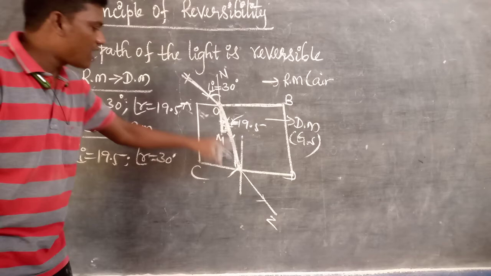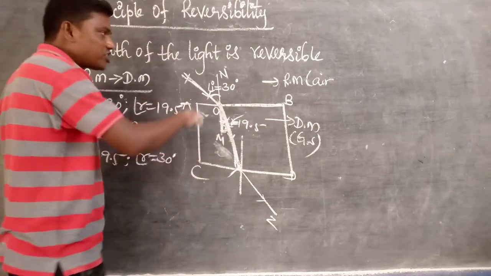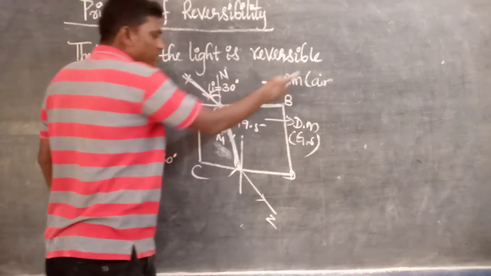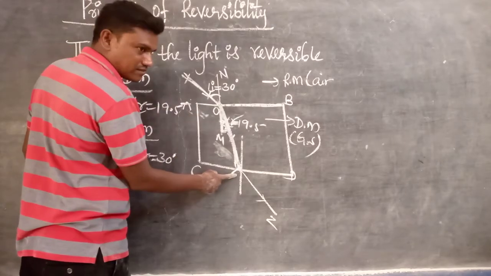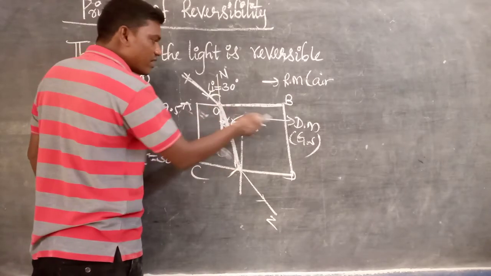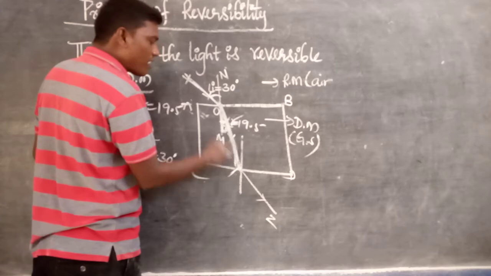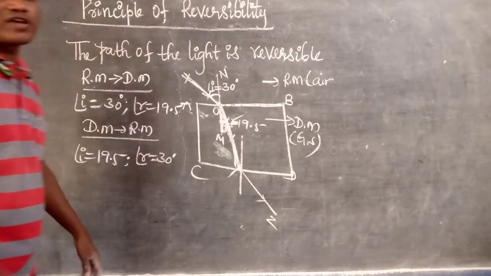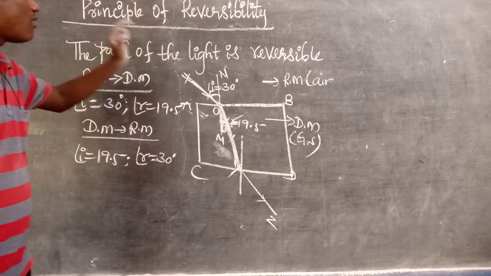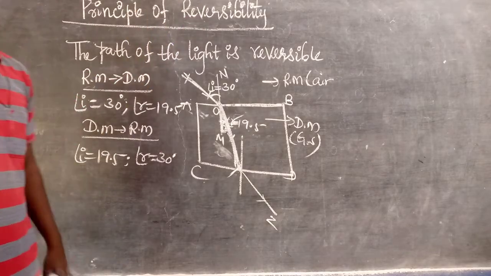That's why the path of the light does not change. Initially, light travels from rarer medium to denser, XO, OY. If light travels from denser medium to rarer medium, YO, OX. This is the way of that. This is called the principle of reversibility.